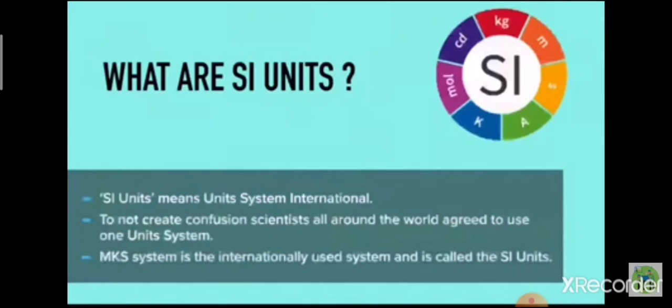Which system did the scientists choose? They chose the MKS system. So the MKS system is the internationally used system and is called the SI units. I hope you know the full form of MKS: meter, kilogram, seconds.